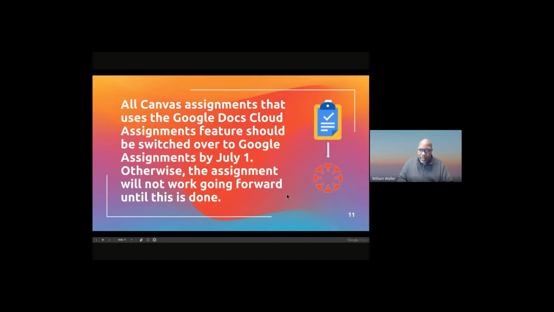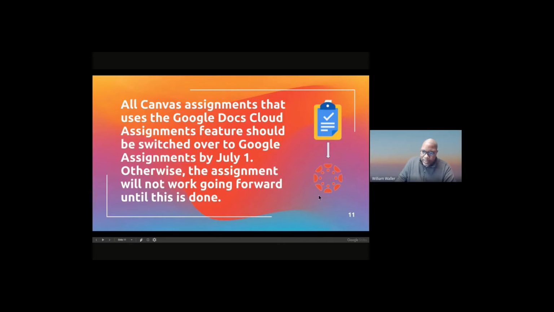That's why I'm jumping on it now to try to ensure that everybody is good to go by June 30th in terms of the assignments that you have in your courses. Okay, we want clean courses. Okay, everything's working, everything is there that needs to be there.